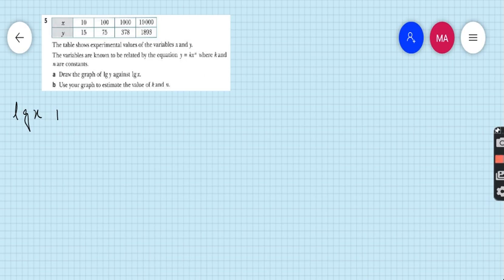Log 100 is 2. Log 1000 is 3. Log 10,000 is 4. So these are the values of log x.